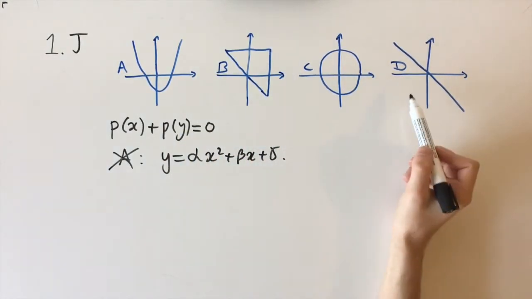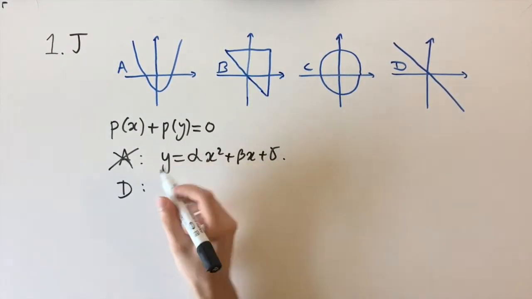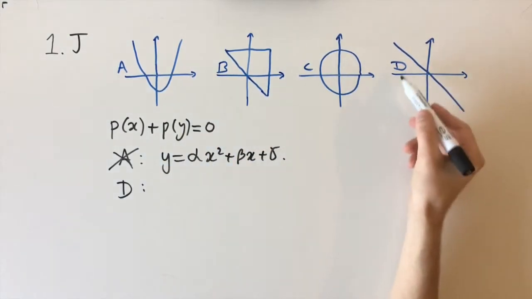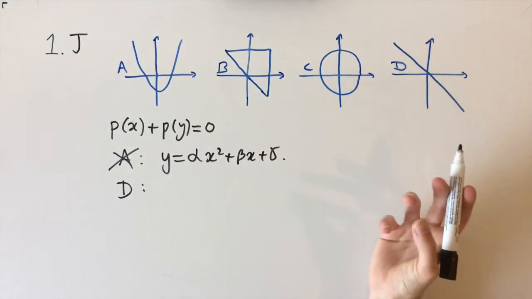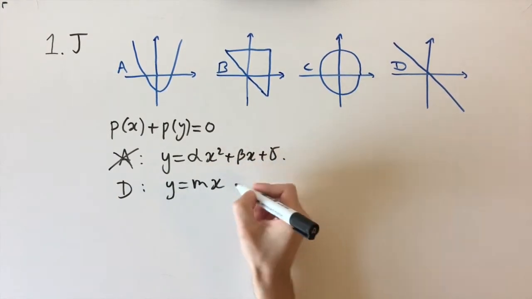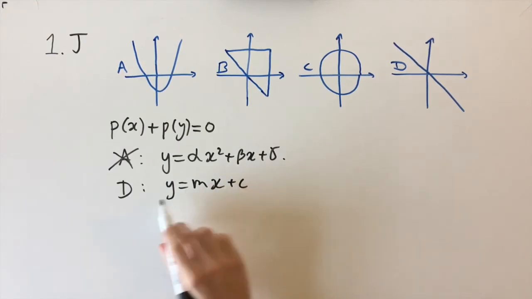So let's do another easy one. Let's look at D. This is a straight line. And this can be generated by this equation because a straight line is typically of the form y equals mx plus c. So we see that both these powers of x and y are the same.